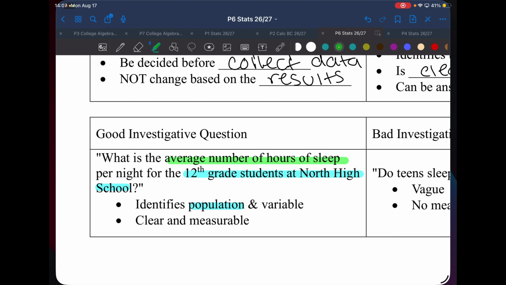Average number of hours of sleep per night. Was it easy to find the variable? Yes, that means it's clear. And can we measure this? Can we go and ask individuals on average how long they sleep, and do we get a numerical value back? Yes. Okay, so it's measurable.